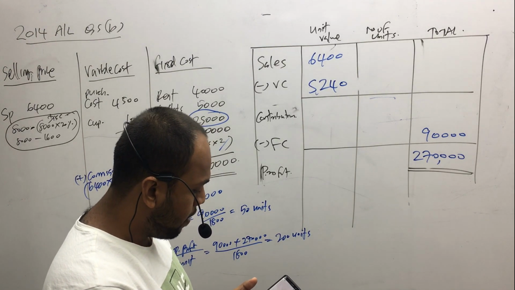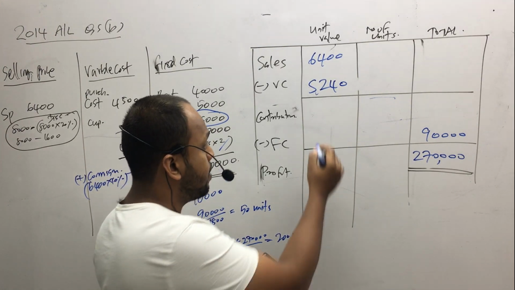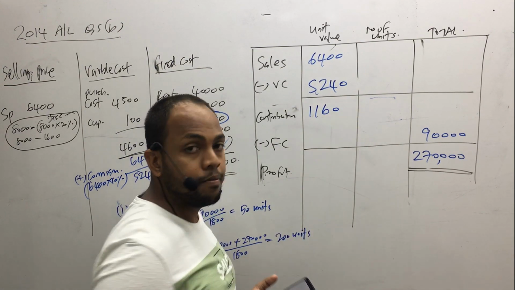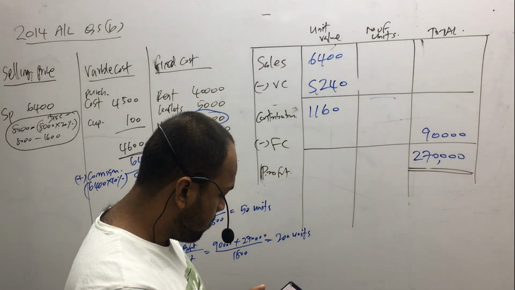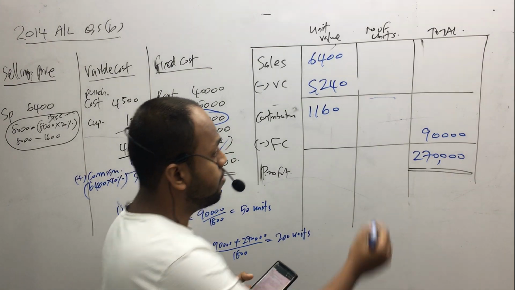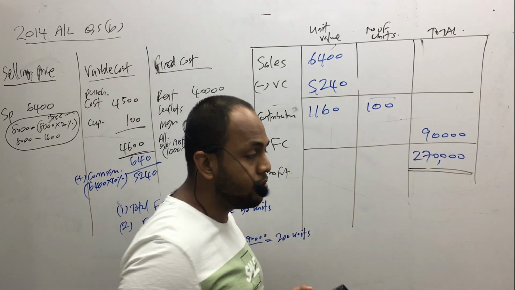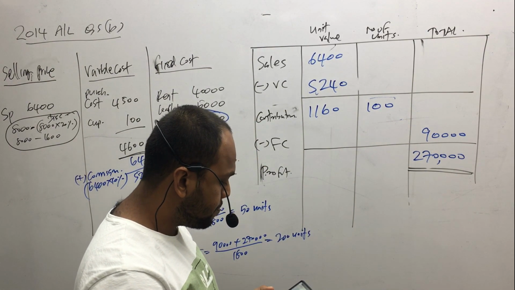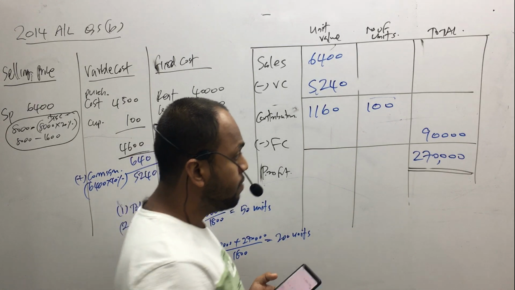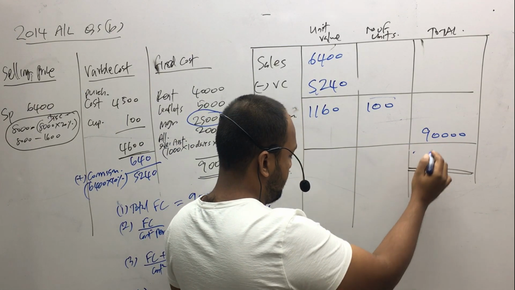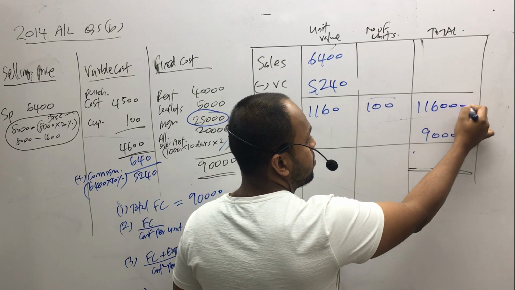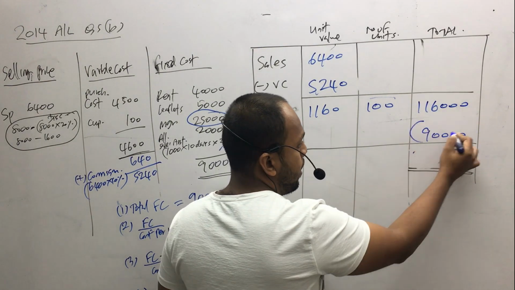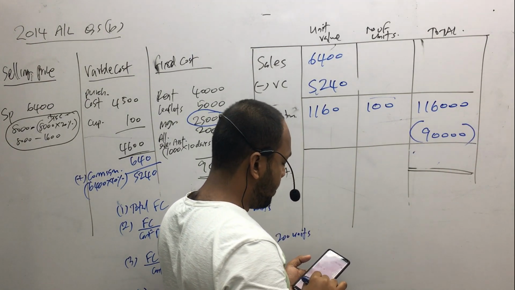minus 5,240 is 1,160. Now they are asking us to calculate the profit at 100 units. So if we are selling 100 units, our total contribution will become 116,000, and fixed cost is 90,000.